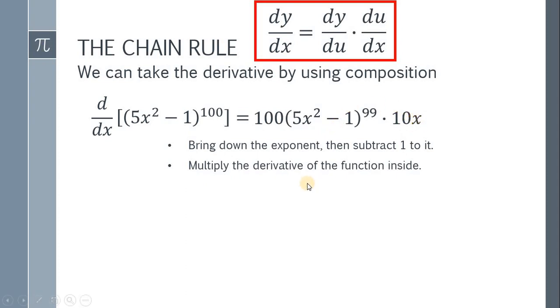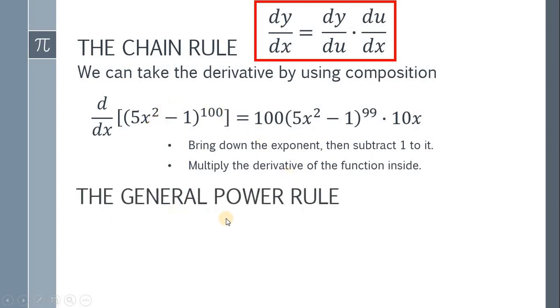So again, ganito lang yung ginawa natin. Yung 100, ibinaba natin sa unahan ng ating function, and then minusan natin ng 1, pero yung function natin hindi ginagalaw, and then, i-multiply lang natin dun sa derivative nung naka-raise sa exponent. Now, at this point, i-level up natin yung ating power rule. Last time kasi, yung power rule ay x raised to something lang. So, ngayon, function ay mismo yung naka-raise sa exponent.